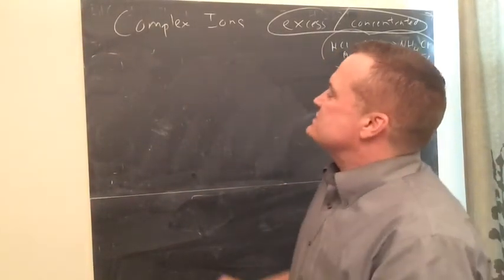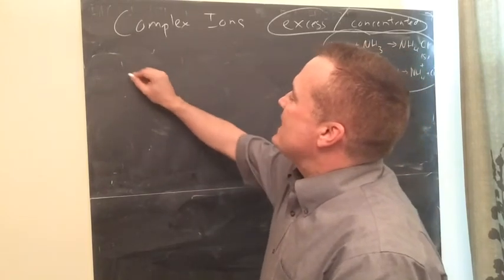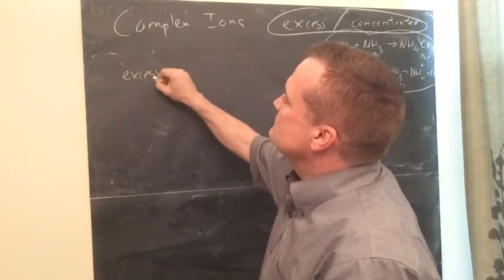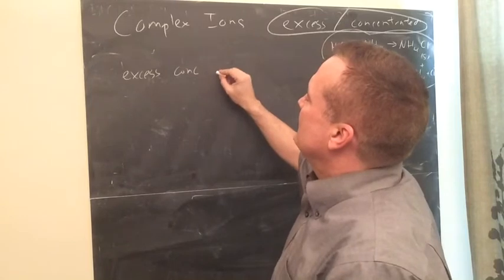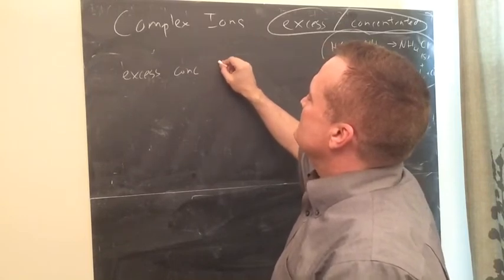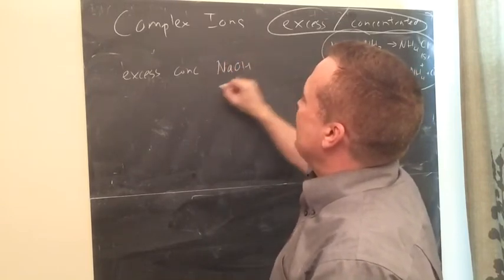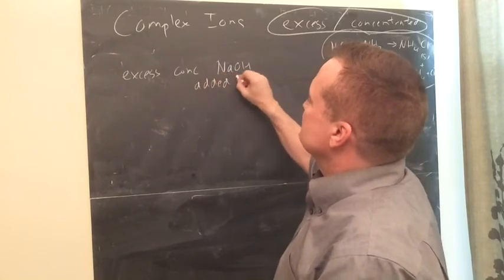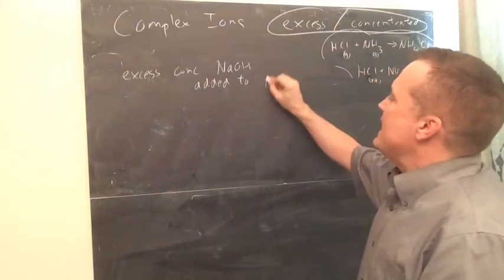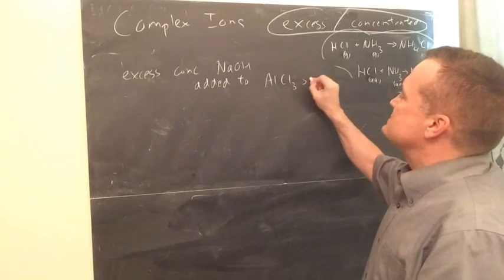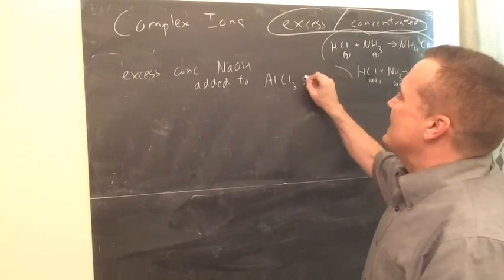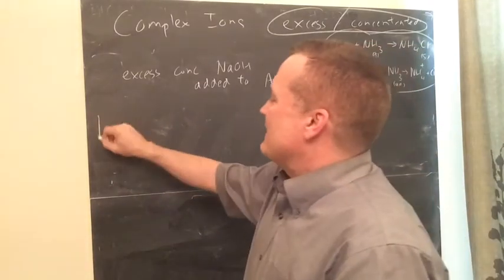Okay, so let's just say that excess concentrated sodium hydroxide added to AlCl3 solution. That's not the way the questions are written, but I'll give you the formulas.